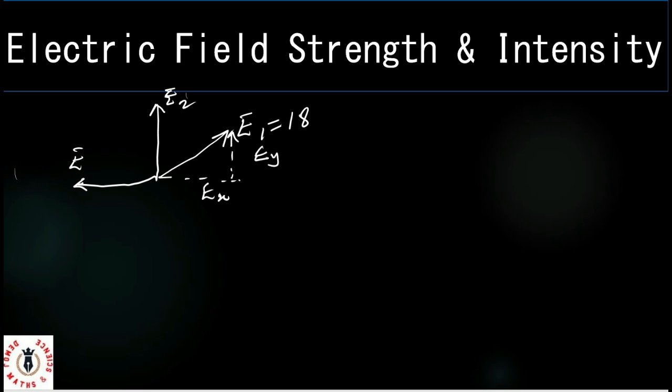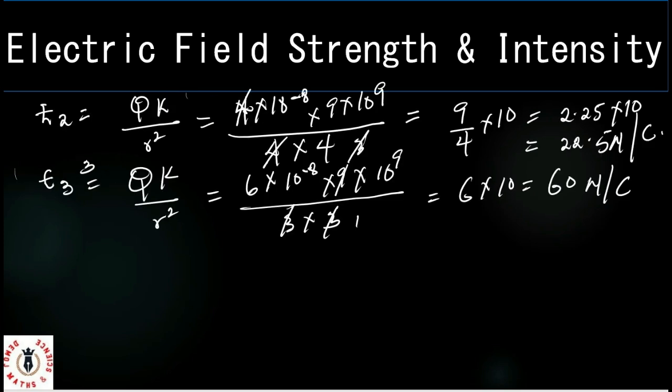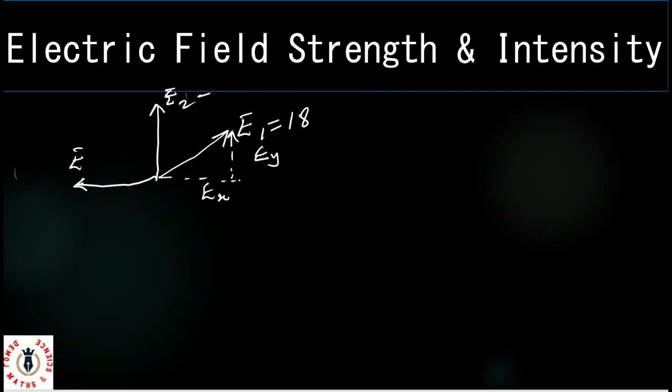If you missed our lesson where we explain resolution of forces, we'll place a link to that lesson in the description below. My E2 is 22.5 and my E3 is 60 newton per coulomb.